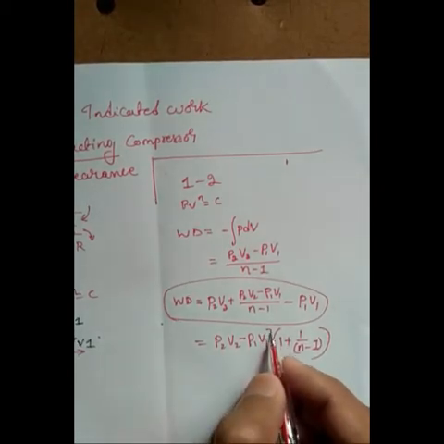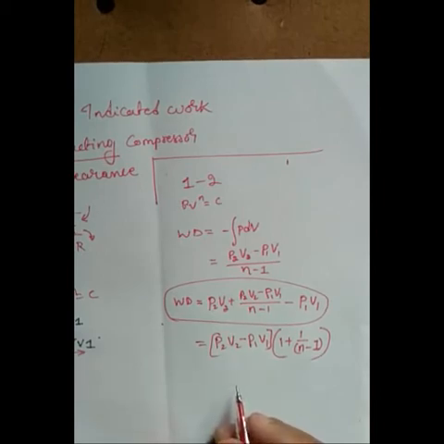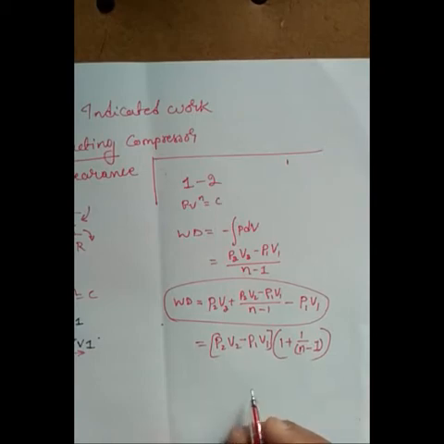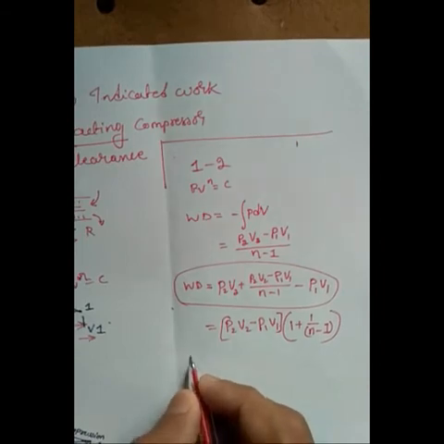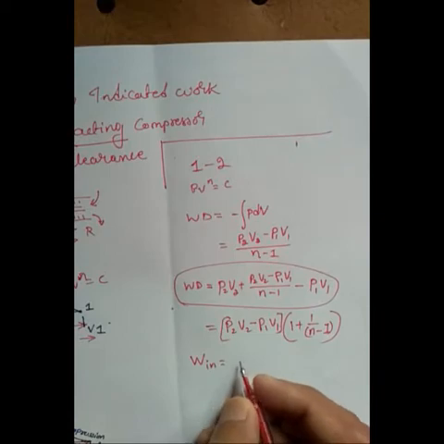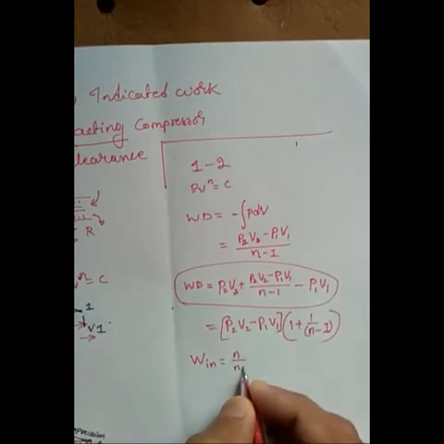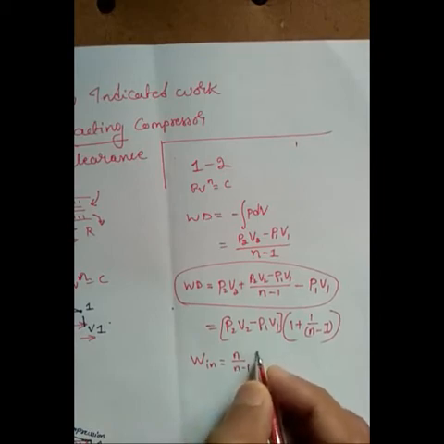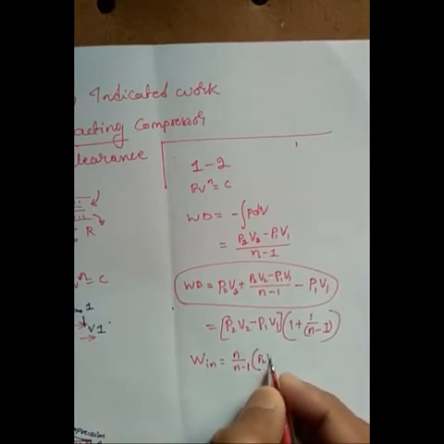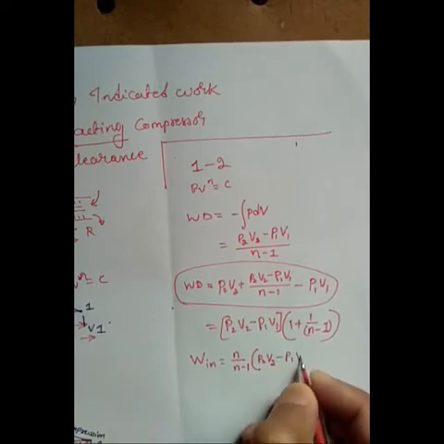So this is what we have taken out as common. So this can be written as W, this is input power, n by n minus 1 into P2 V2 minus P1 V1.